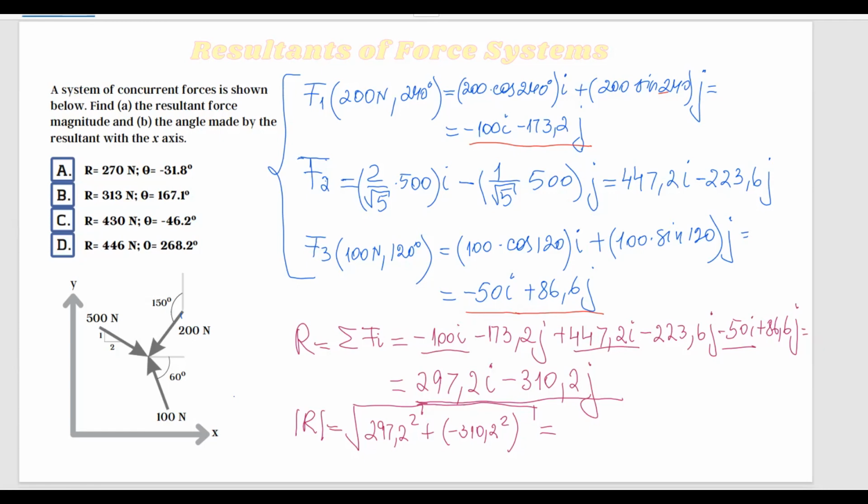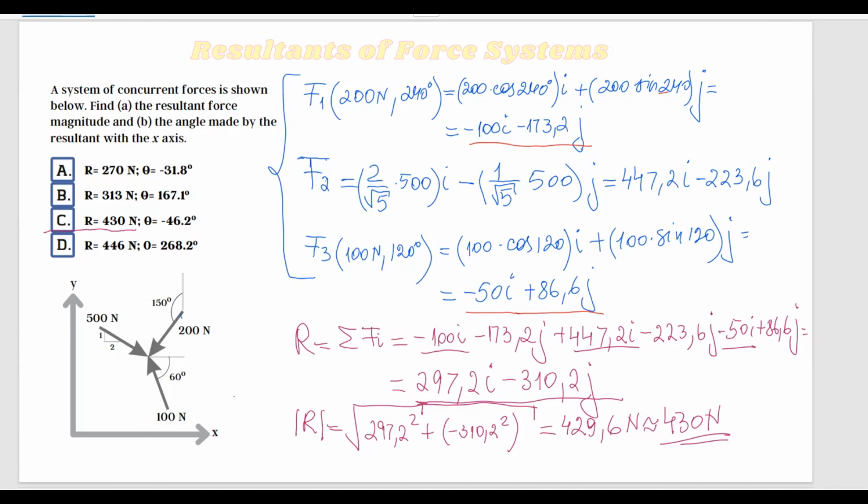And the resultant vector is 429.6 newtons, which is approximately 430 newtons. I'm looking at the options here, and I can see that option C is giving me a resultant of 430.